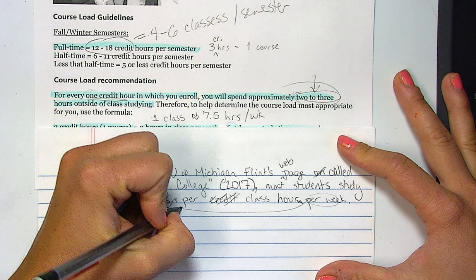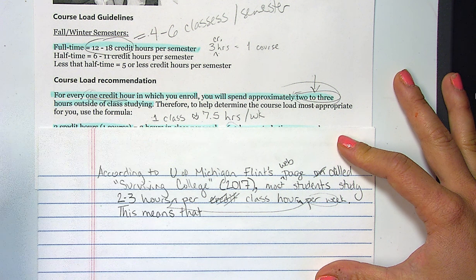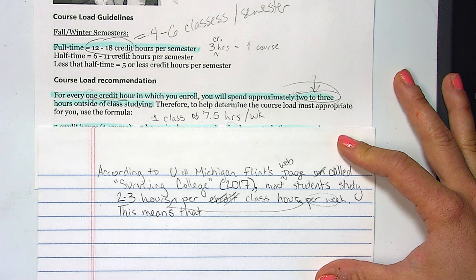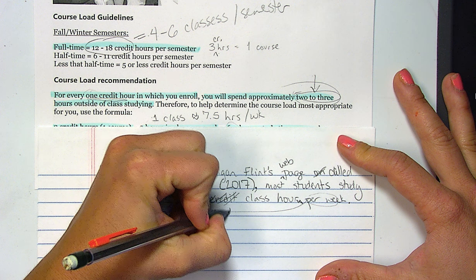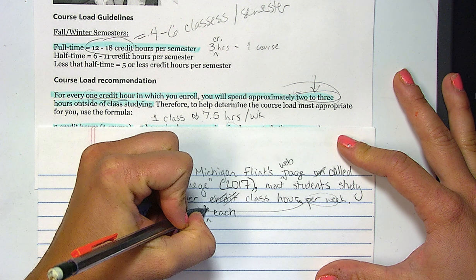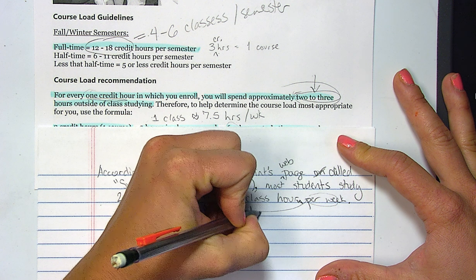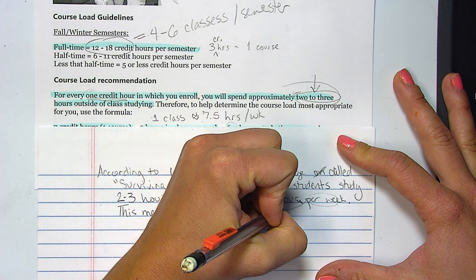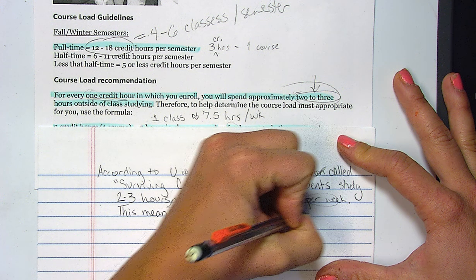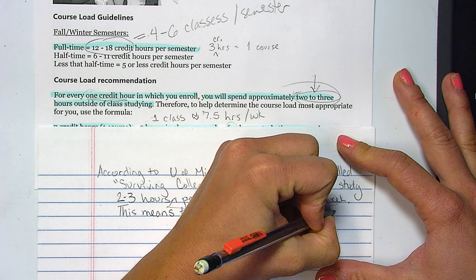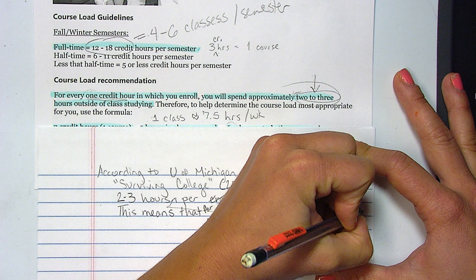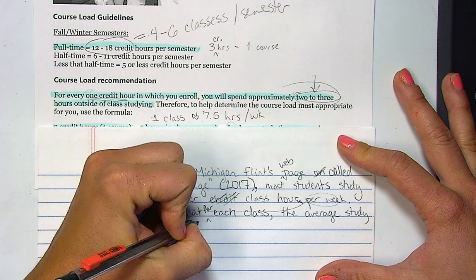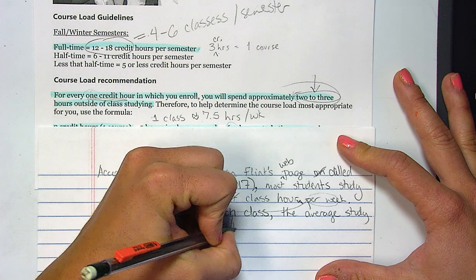This means that, this means something, so I've got my noun clause. This means that for each class, the average study time is 7.5 hours per week.